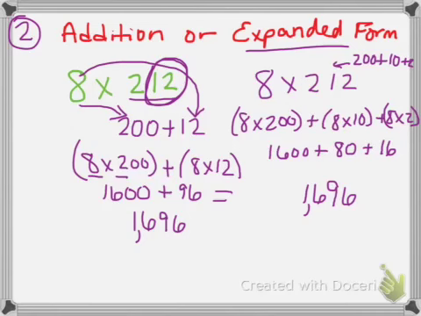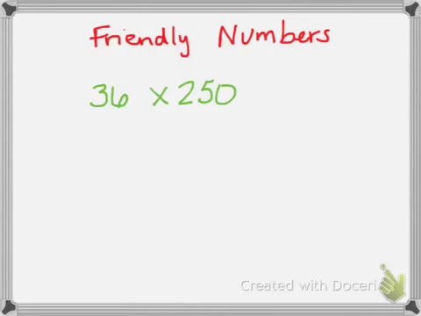The last way is using what we call friendly numbers. They're friendly numbers by taking the smaller number, or in this case, the one that doesn't have a 25 or a 0 in it, and finding out the factors of that number. If I think of the factors of 36, some of the basic ones, I have 1 and 36. Yeah, that doesn't change much.